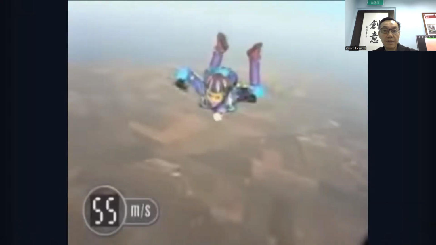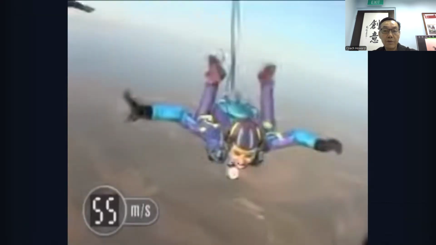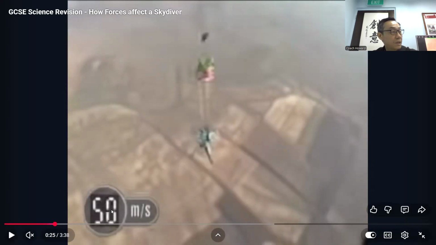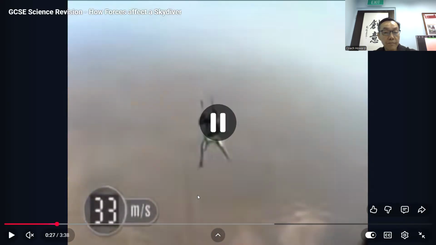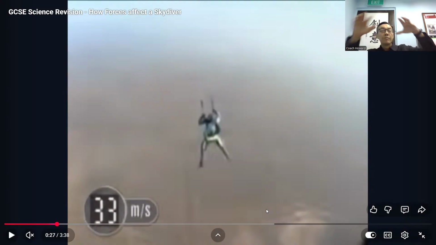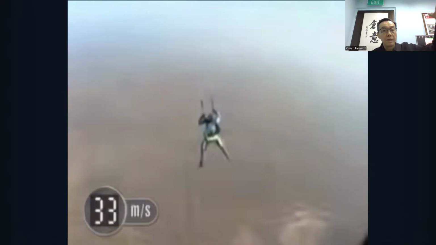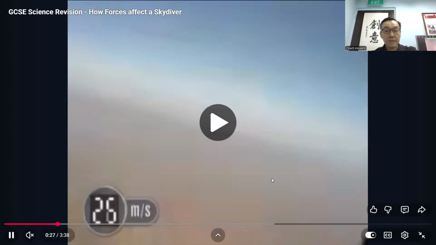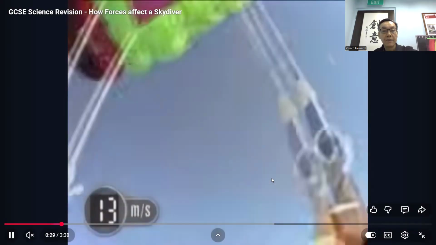So at this instant, prepare to deploy parachute. Parachute deploy, I freeze screen. You can see the speed drop slightly, isn't it? And it's being dragged upwards because when it opens up, there's air resistance that slows down the downward fall. If you are the parachute, you can see that suddenly you are being dragged upwards because the parachute is catching the air.